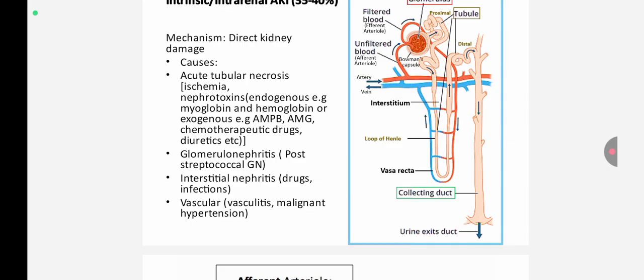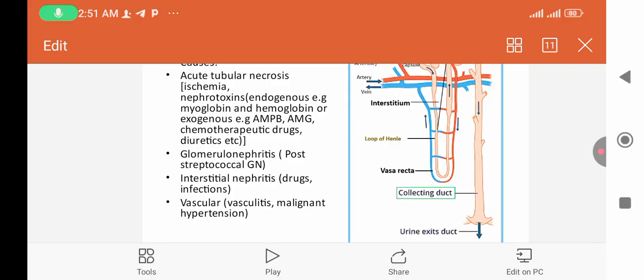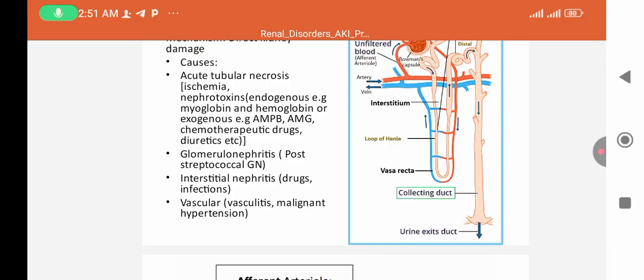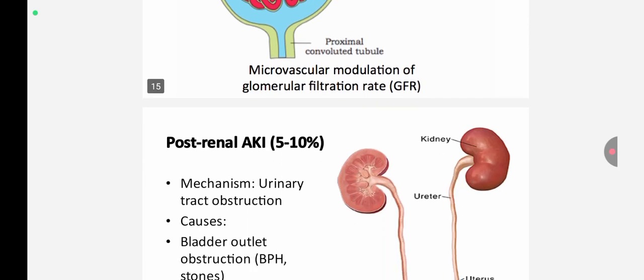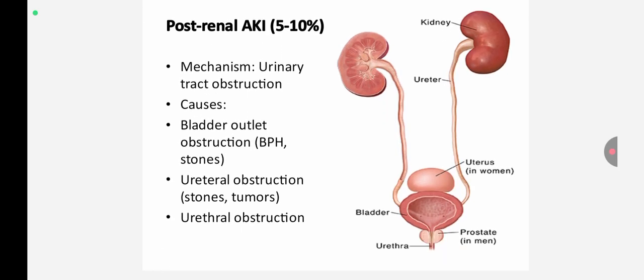That is, there are increased eosinophils in the blood, which can be excreted in the urine, so-called eosinophiluria. Anytime you see eosinophils in the blood or in the urine, it is directly indicative of interstitial nephritis. So you have your postrenal too.